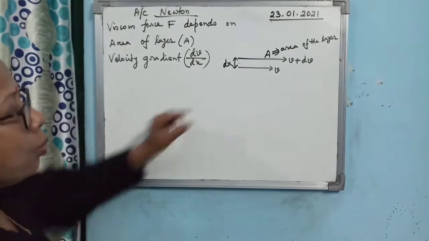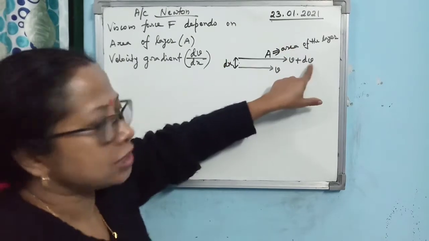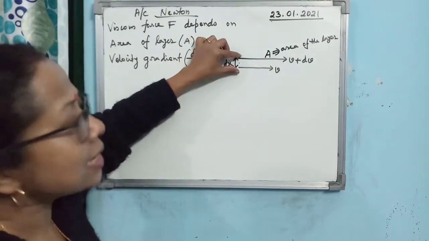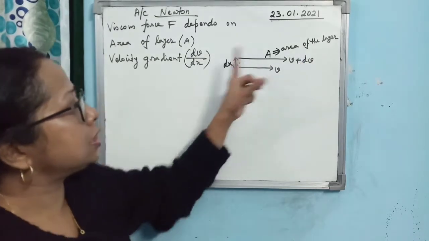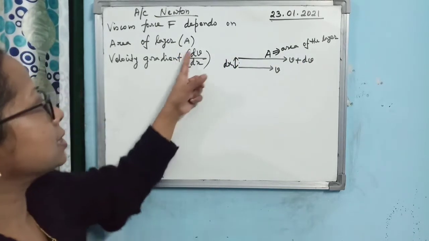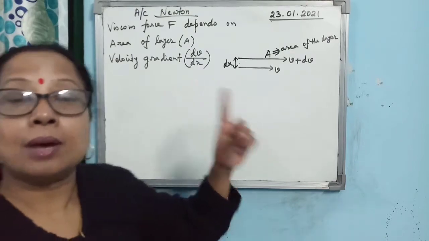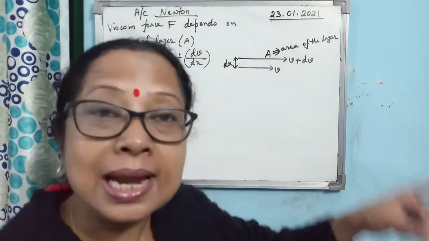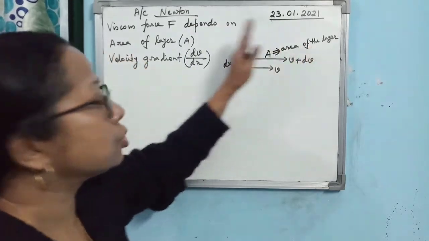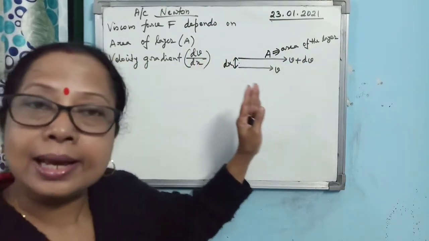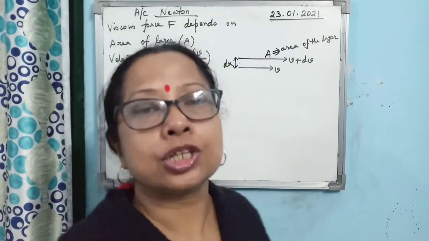So you see, what is the change in velocity? dv, and what is the distance between the layers? dx. So what is the change in velocity per unit length? It is dv/dx. Now here the point you have to understand is that the length I have taken is perpendicular to the direction. I have not taken the length along the direction of motion.